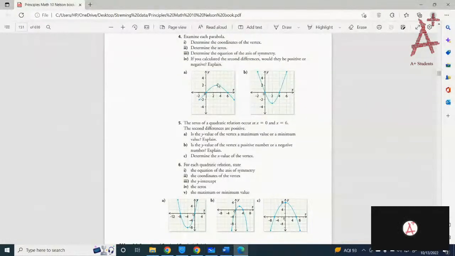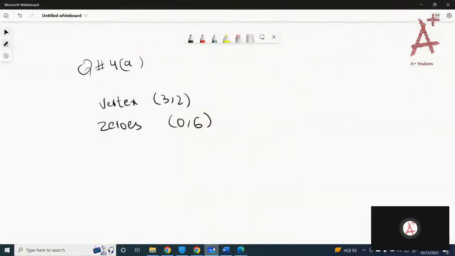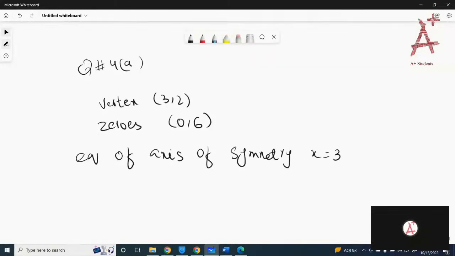Just make a straight line from the vertex to the x-axis, and it touches the x-axis at x equals 3. That means the equation of the axis of symmetry is x equals 3. Got it?